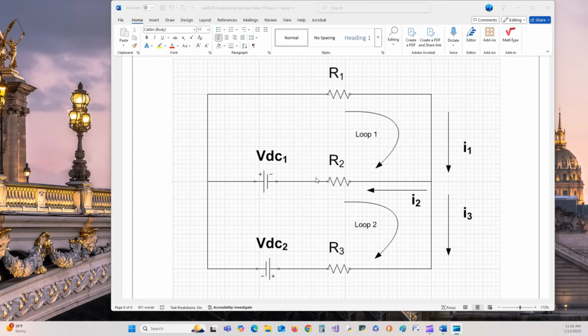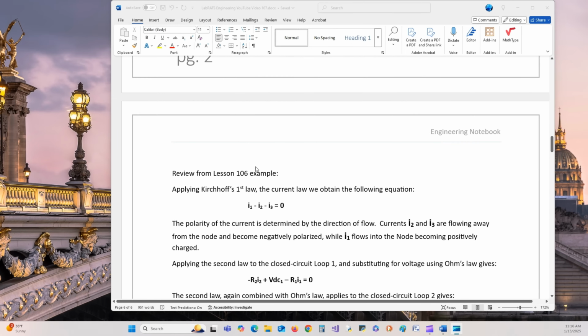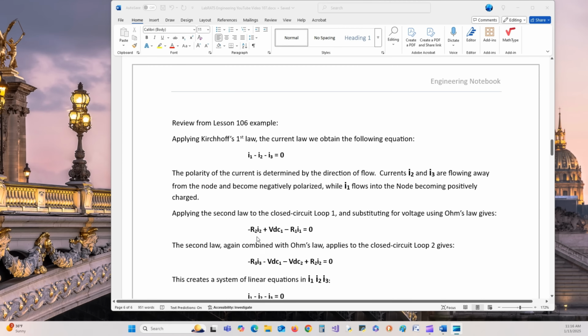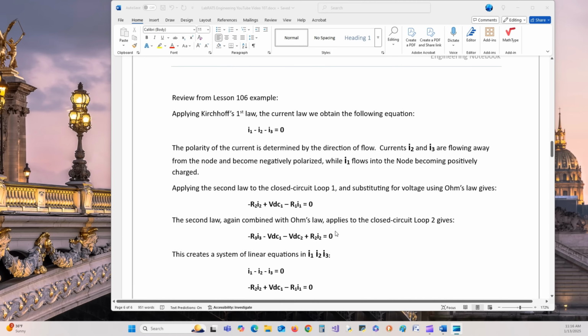This becomes negative, so it's a negative R2 times I2 and plus VDC1, and that will equal zero. And that is what we have here for our first equation: negative R2 I2 plus VDC1 minus R1 I1 equals zero. So that gives us two equations. We need one more because we have three unknowns.